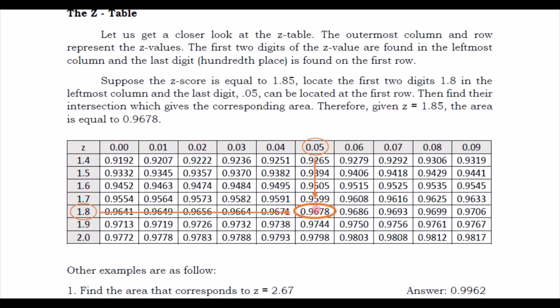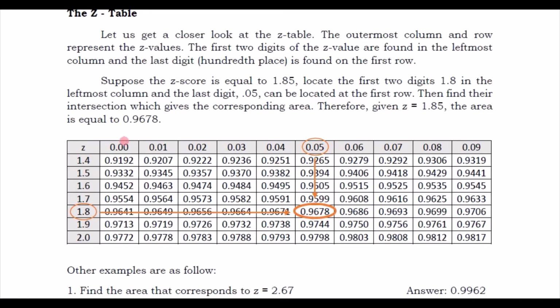Dito tayo hihinto sa 0.9678. Dito tayo hihinto sa table. Kailangan nilang mag-meet. Dito sila nag-meet sa 0.9678. So, ito na yung laki ng curve or yung laki ng distribution or yung laki ng probability.